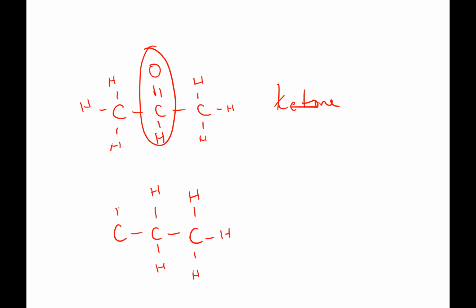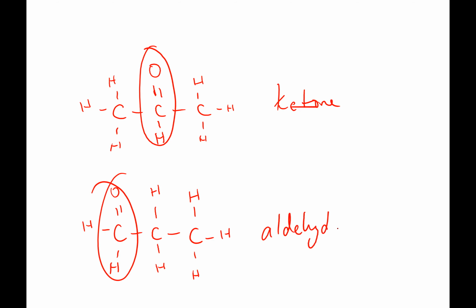It just takes forever. A ketone is on the top, and an aldehyde is on the bottom. The only difference is that in the aldehyde, the double bond O is at the end or the beginning of the carbon chain. And I know that's confusing.